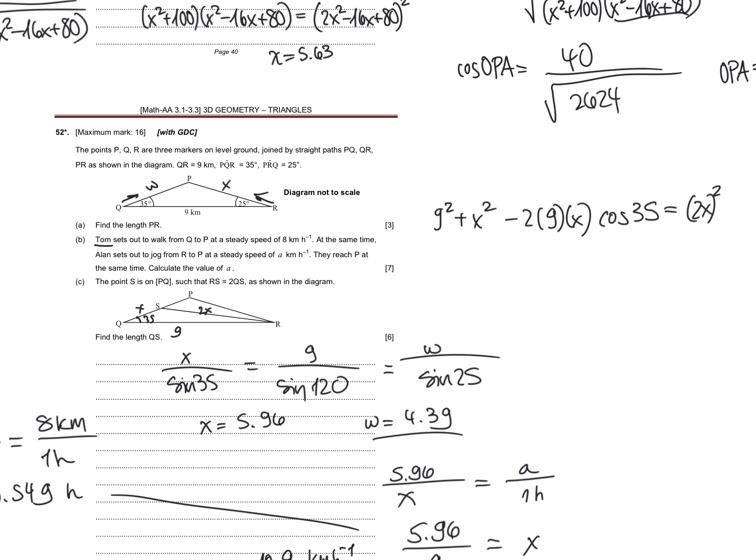So c squared equals a squared plus b squared minus 2ab cosine C. All right, so if we do this one out, 4x squared, and I think we can just use nsolve or graphing calculator. So here x is 3.29. Yeah, that's that.